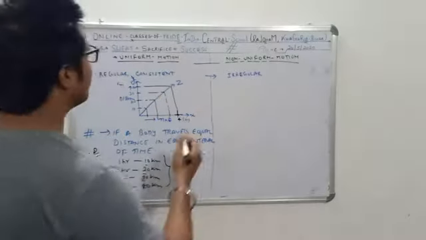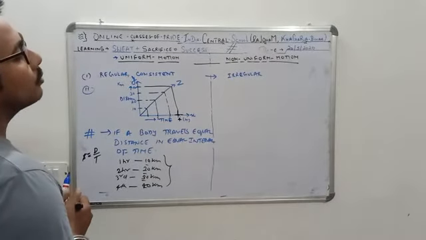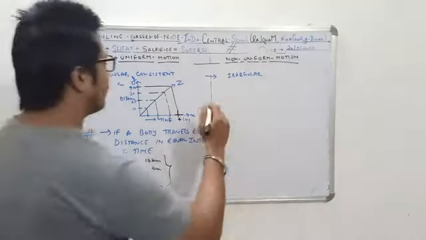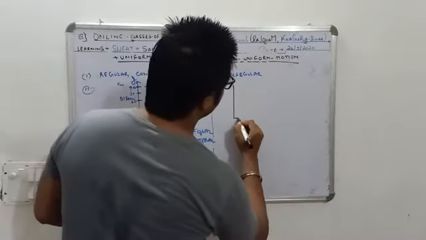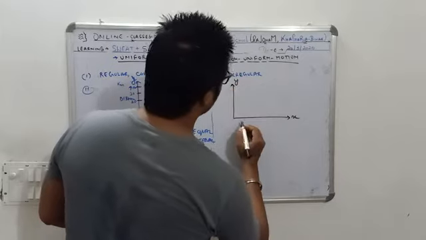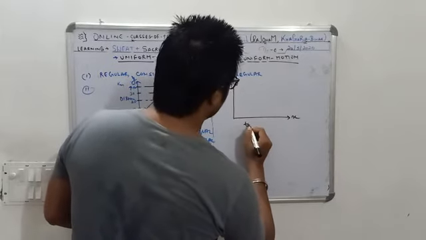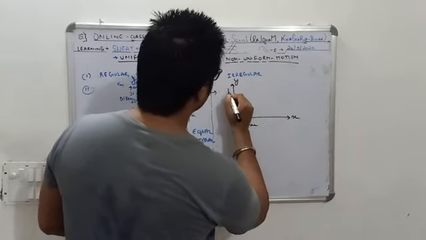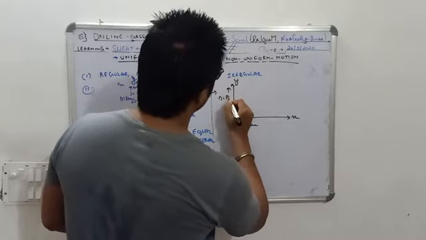But what happens with an irregular, or non-uniform, motion? Let's see the graph of this. This is x, this is y. This is time, and this is distance.